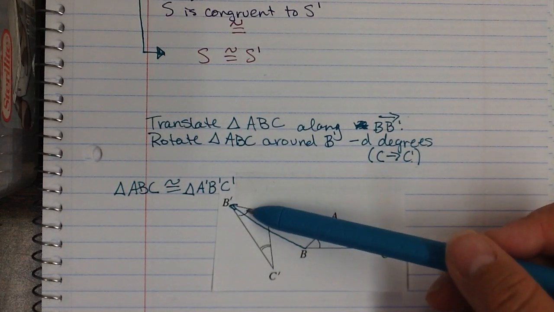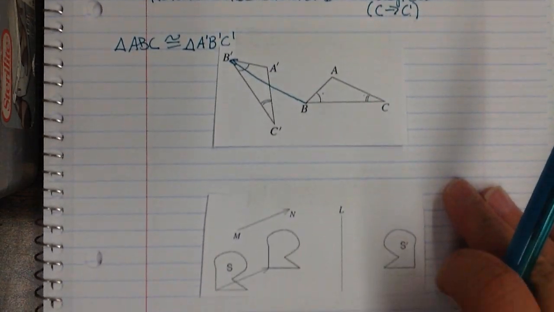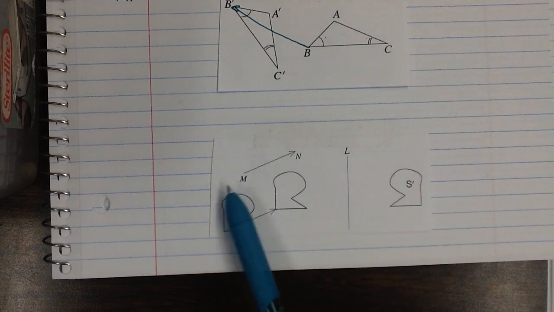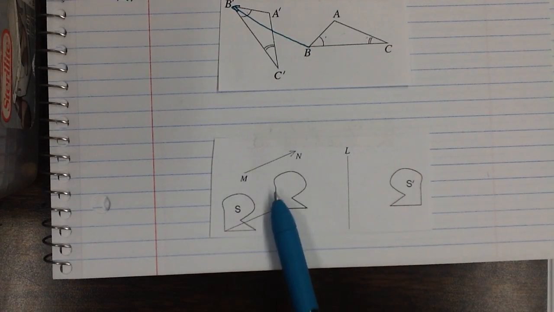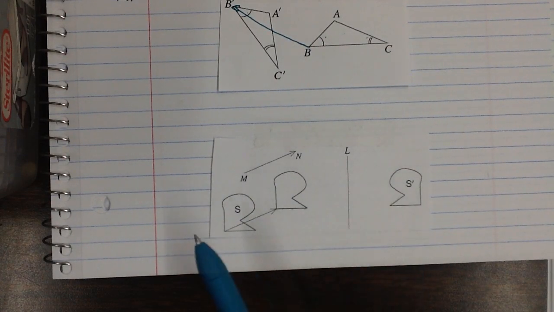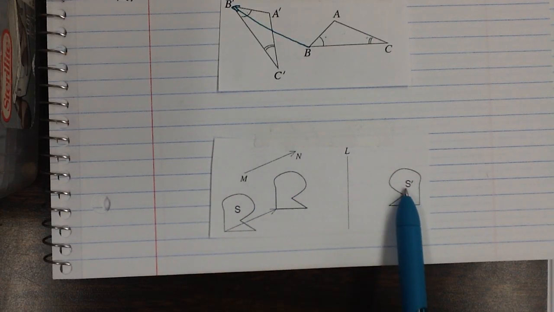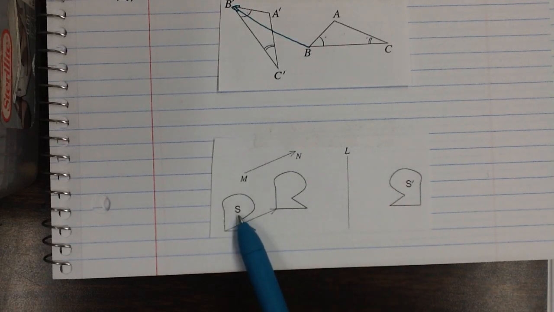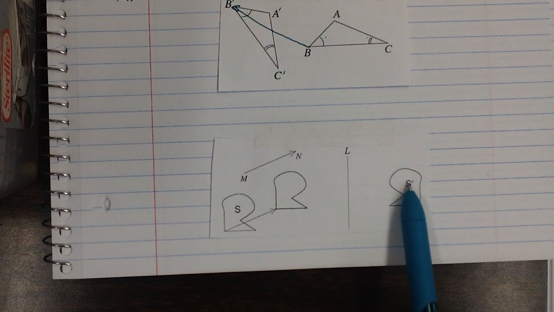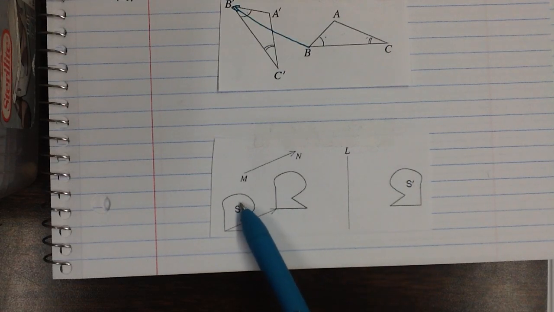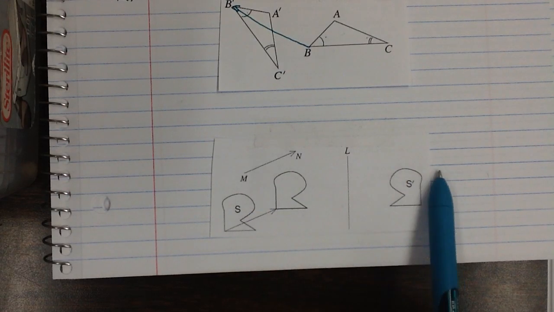If I have this shape and I've already translated it and reflected it, we know that S is congruent to S prime. Now the question is, is S prime congruent to S? I would assume you would tell me yes. S prime is congruent to S because S was congruent to S prime.